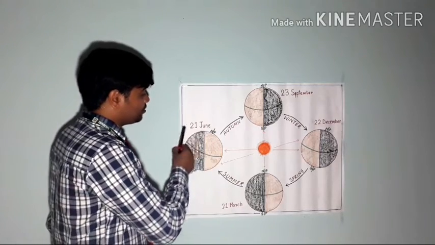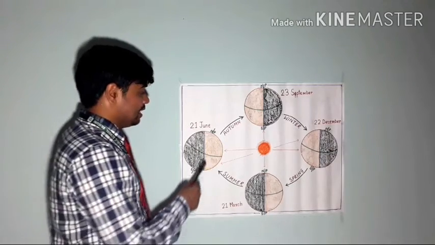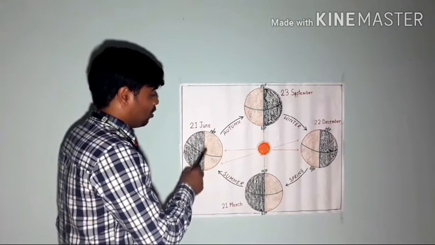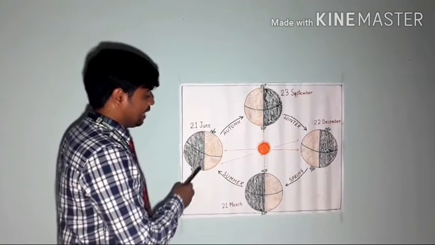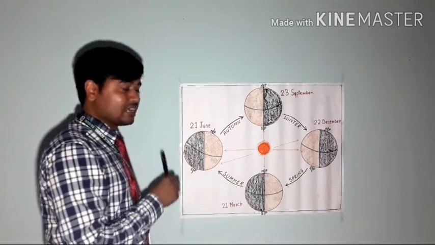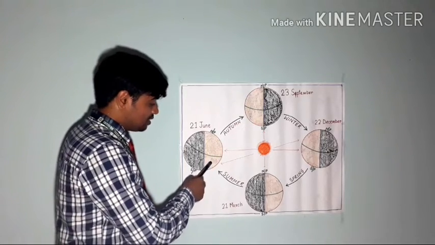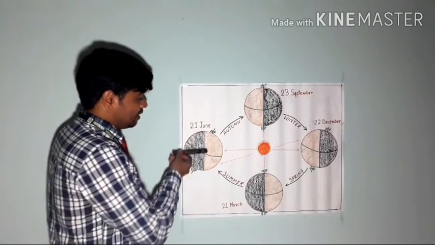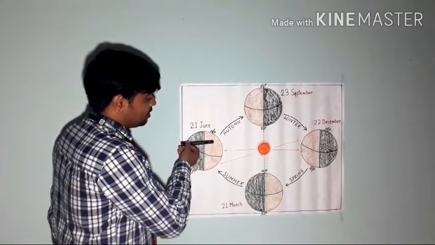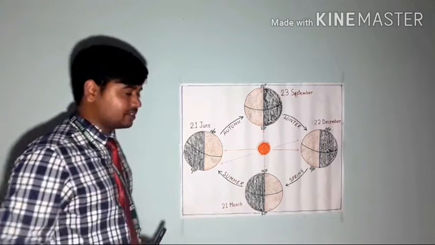And on 21st of June, the length of day is maximum, or the North Pole experiences the longest day and shortest night, and the South Pole experiences the shortest day and longest night. And it is summer in the northern hemisphere and winter in the southern hemisphere.